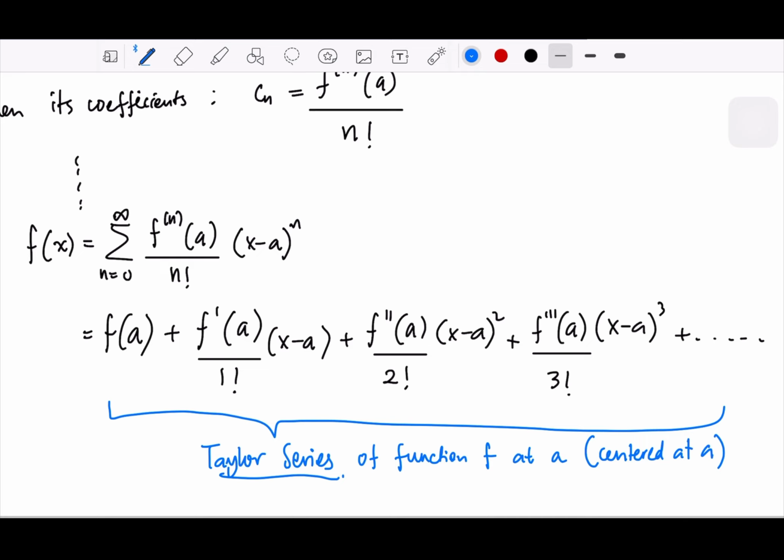Now the other series is called the Maclaurin. Essentially, they are the same. There is only a slight difference.